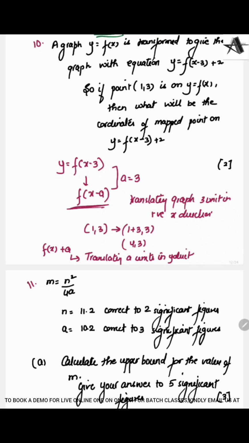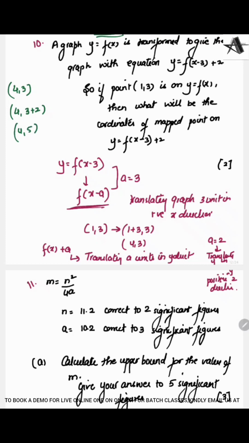Comparing, I get to know that a is 2 in this question. So we are translating the y coordinate in the positive y direction by 2. Our value was 4 comma 3, so translating 3 by 2, finally it will be 4 comma 5.